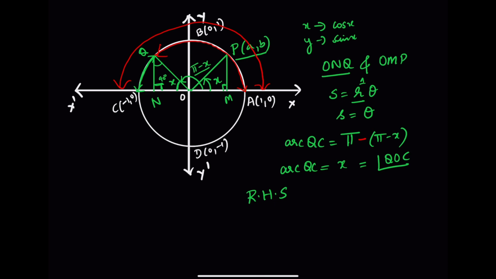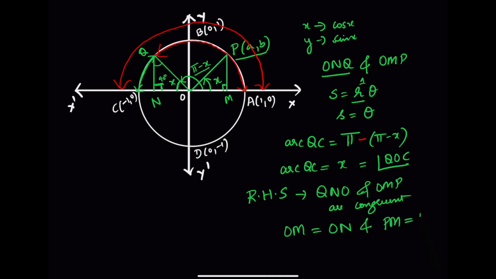So in this scenario, triangles QNO and OMP are congruent, correct? Now when they are congruent, we have OM is equal to ON, correct? And PM is equal to QN.